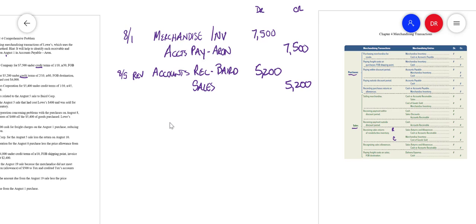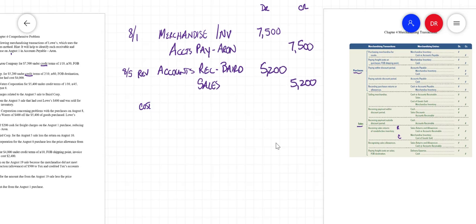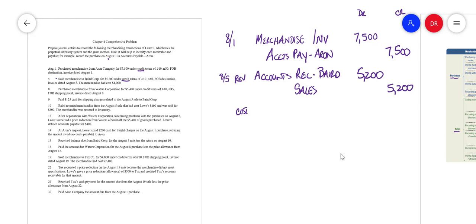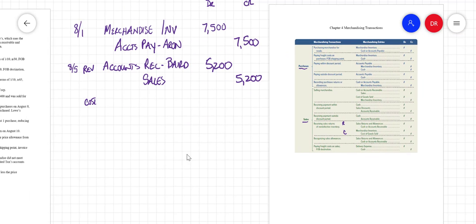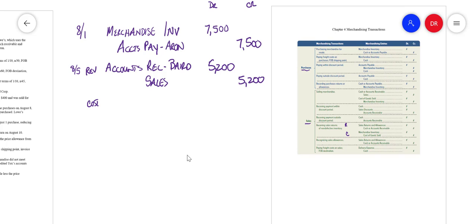Because we're selling and we're using a perpetual inventory system, we need the cost portion down here. So we're going to debit cost of goods sold. Let's go back over here and show you. So we start with the revenue here for $5,200, and we're going to use the cost here of $4,000. So the debit for here will be cost of goods sold, and that'll be $4,000.